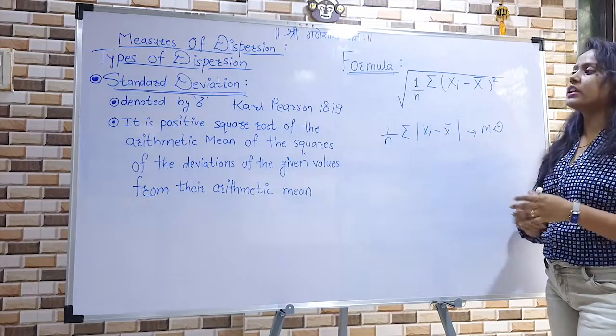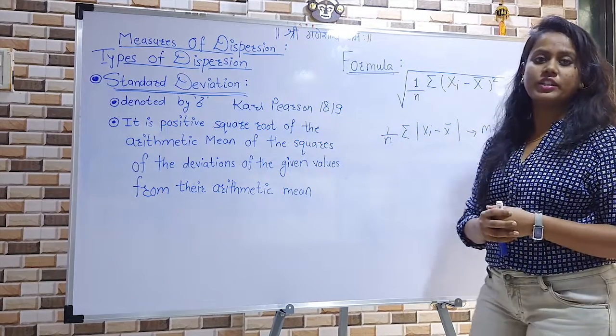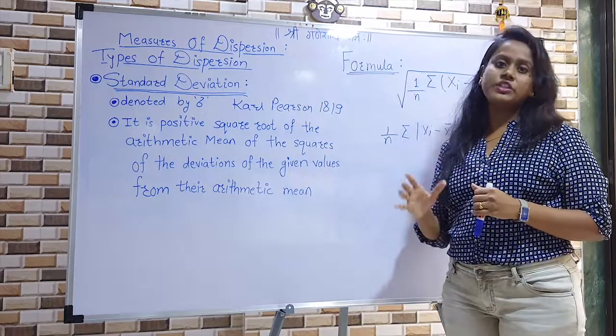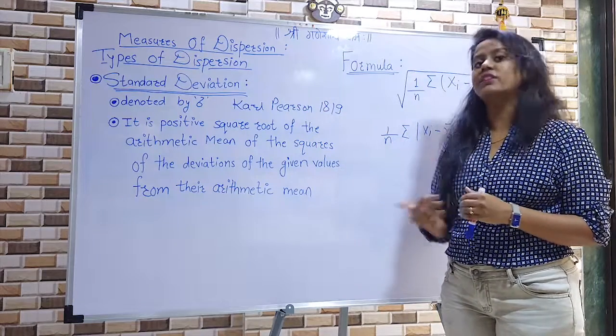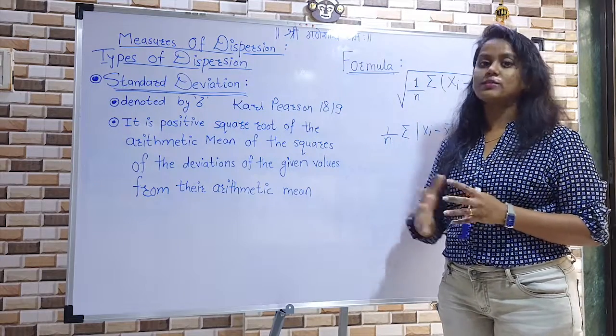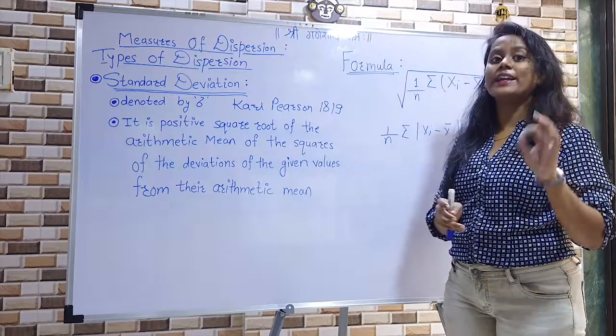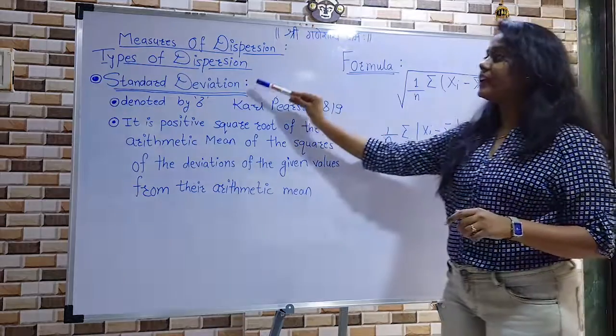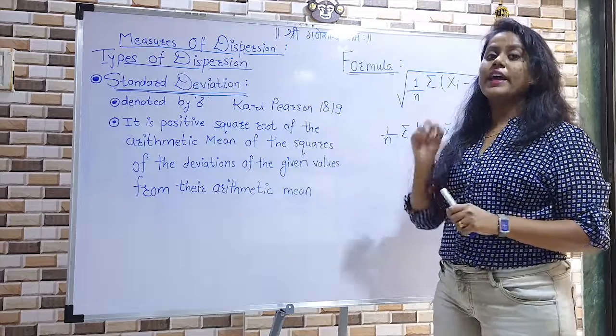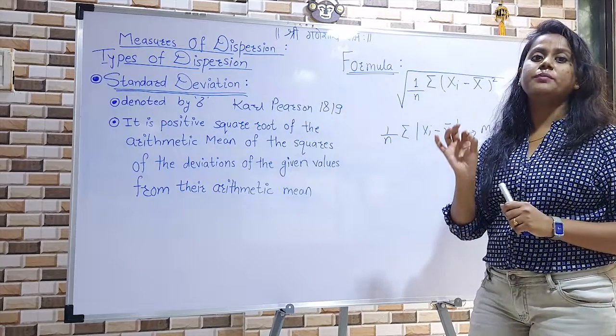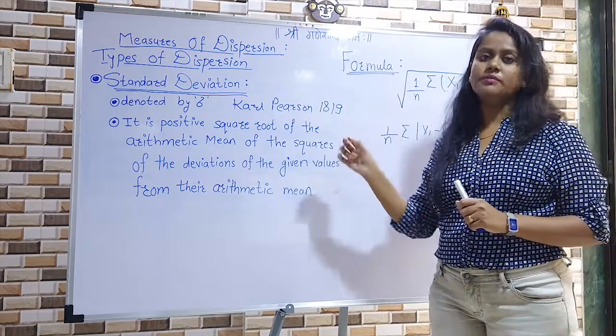So we can call the standard deviation an ideal measure of dispersion, as almost all assumptions are satisfied, except that the standard deviation is extremely affected by extreme values.